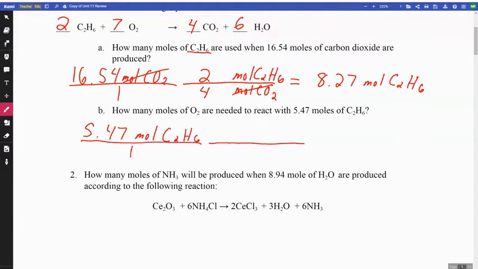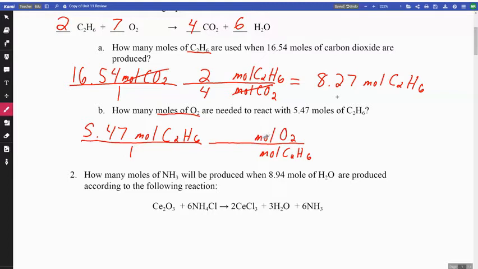We do our conversion factor. Moles of C2H6 is going to go on the bottom. We want to go to moles of O2, so we put moles O2 on top.